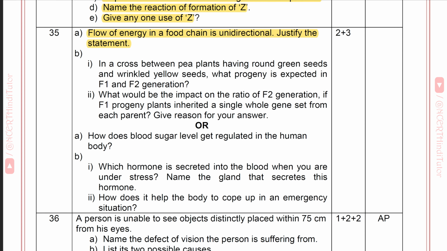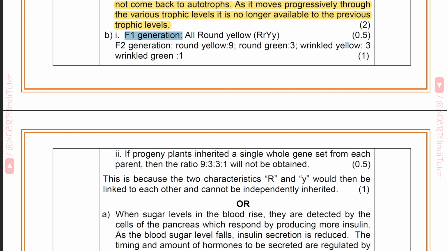B. First, in a cross between pea plants having round green seeds and wrinkled yellow seeds, what progeny is expected in F1 and F2 generation? Answer. F1 generation, all round yellow, RrYy. F2 generation, round yellow 9, round green 3, wrinkled yellow 3, wrinkled green 1.